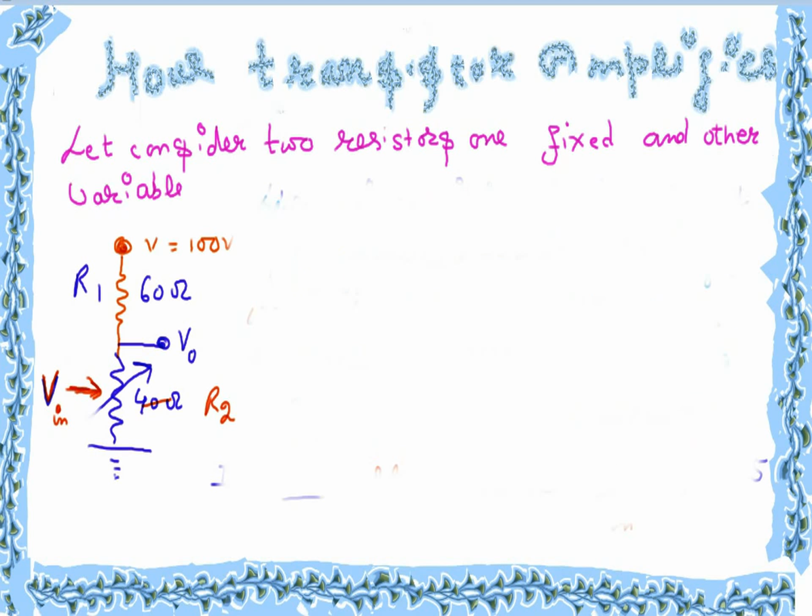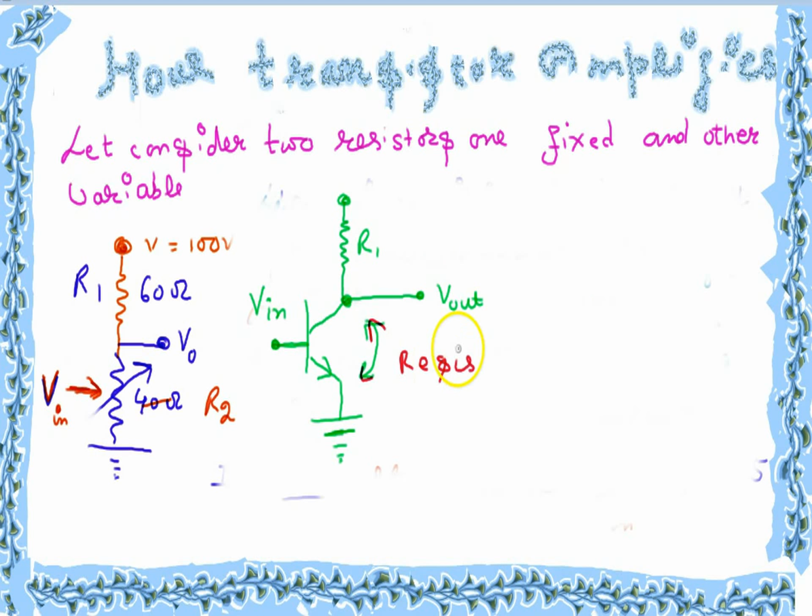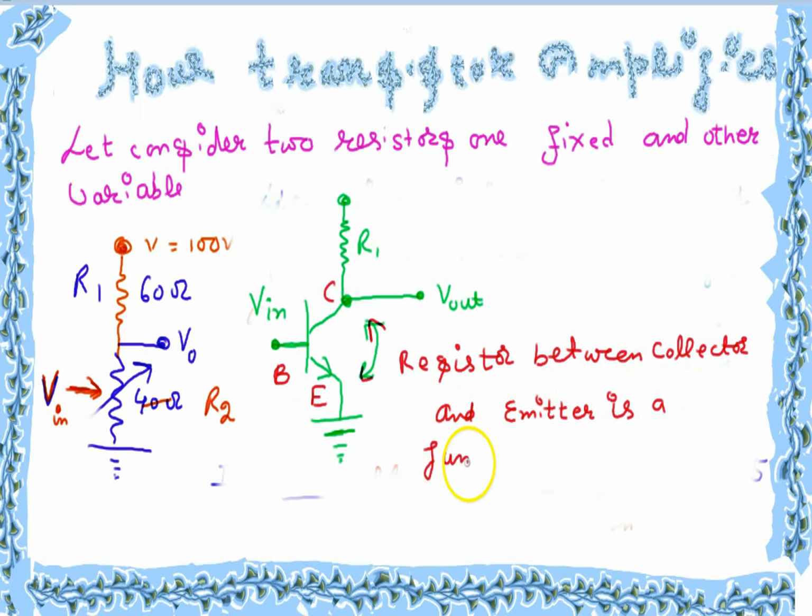Now the circuit will be like this. So V in, V out, transistor. This is the resistor between collector and emitter, and this resistance depends upon the input voltage, a function of the base voltage or the base current.